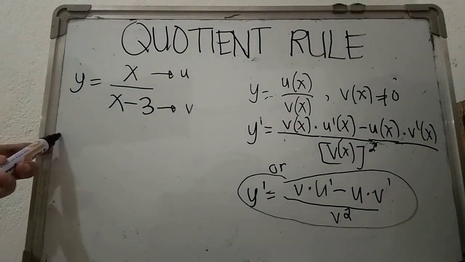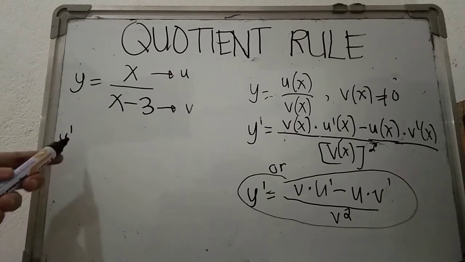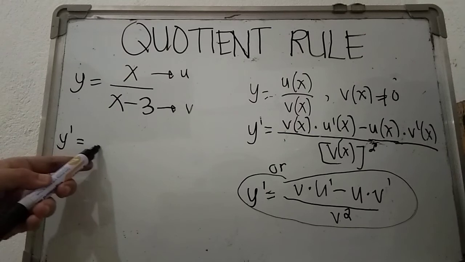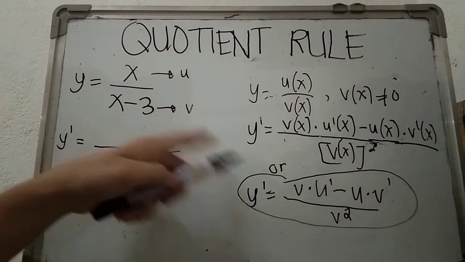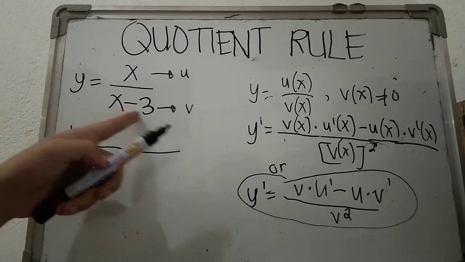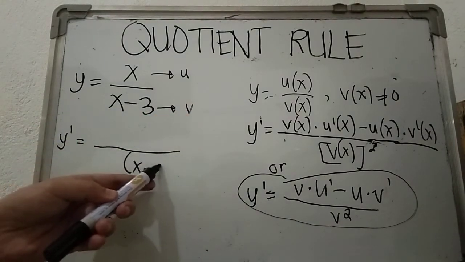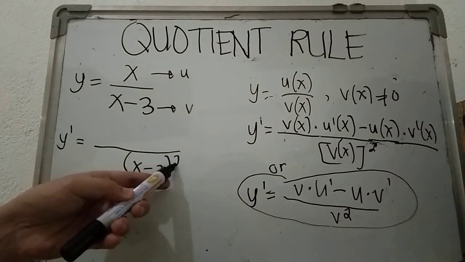Make use of the symbol y prime, or dy over dx. Copy the denominator and then square that. Our denominator v is x minus 3, so we have here x minus 3 squared.